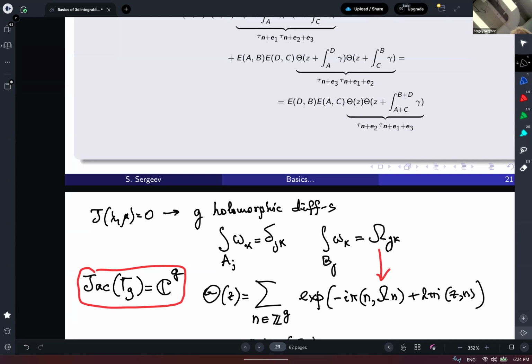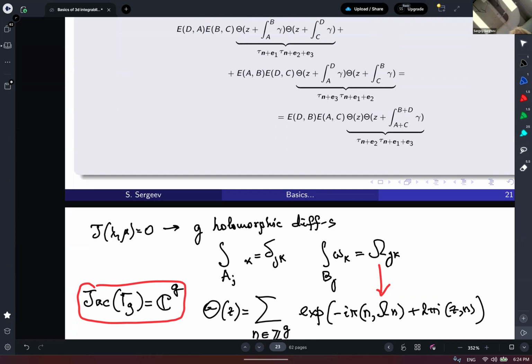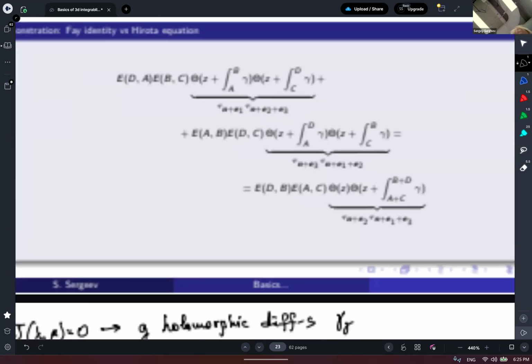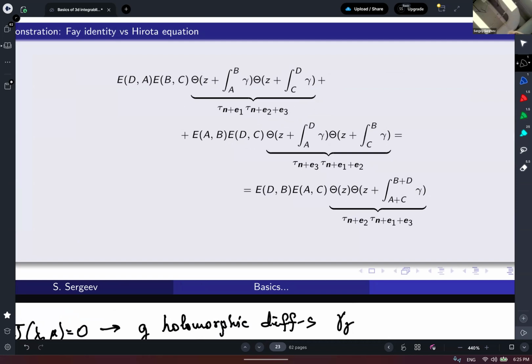By the way, in my notes, instead of omega, I use the notation gamma for holomorphic differentials. And the most important identity in the theory of theta functions from an algebraic curve is the so-called Fay identity.